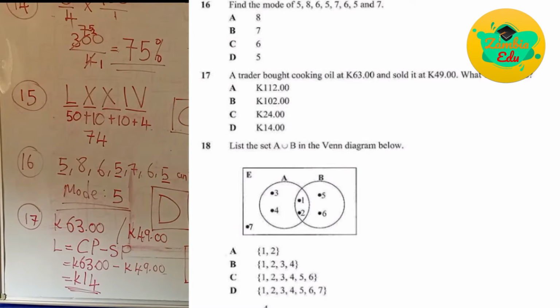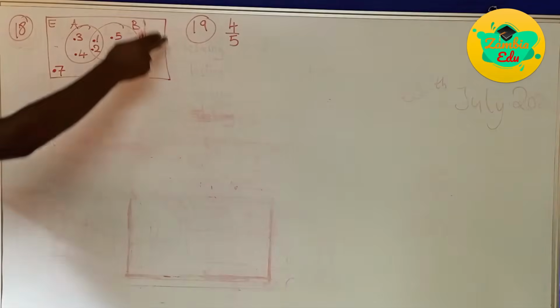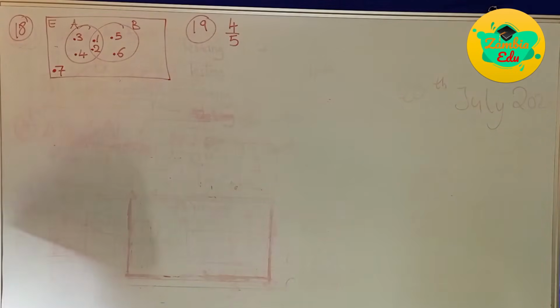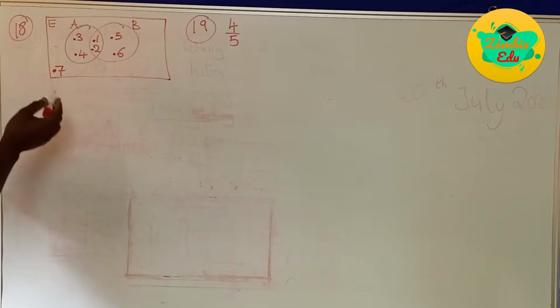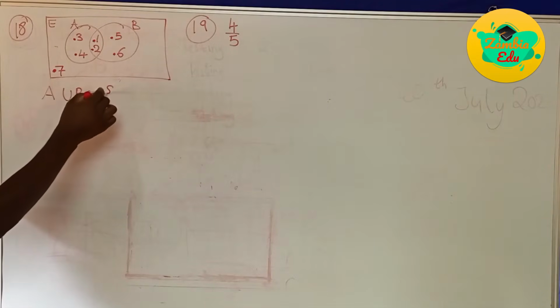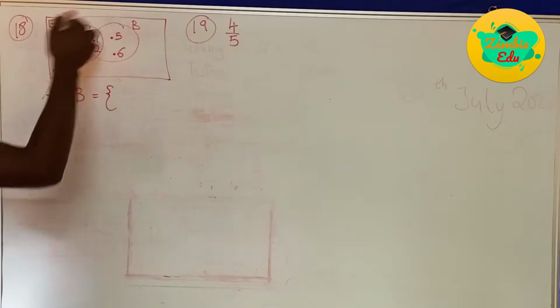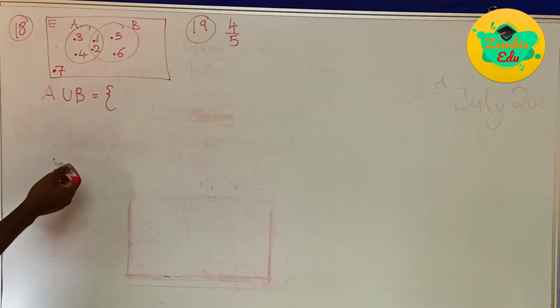So we go to question number 18 now. List the set A union B in the Venn diagram below. So we have our Venn diagram being shown here, and we are being asked to list A union B. A union B means everything that is in the sets under consideration.